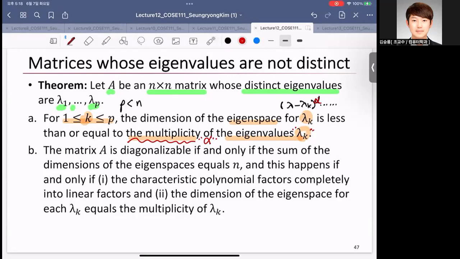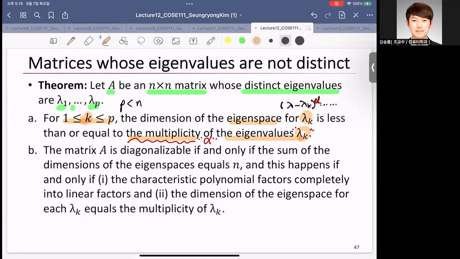The dimension of the eigenspace for lambda k is less than or equal to the multiplicity. If alpha is equal to 2, the dimension of the eigenspace for lambda k is less than or equal to 2, because alpha was 2. This is the first statement.